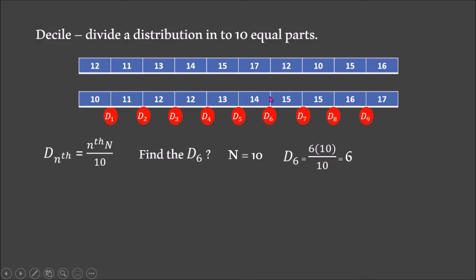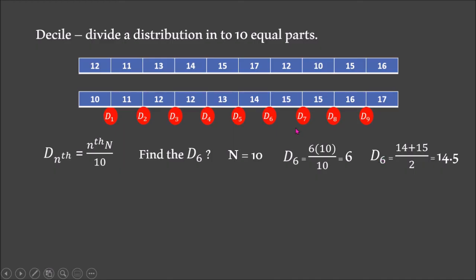So this is D6. Now the question here is not specific whether we're looking for the location or the value. But before you find the value, of course, you have to find the location first. How will you be able to find the value if you are not able to find the location? So the first thing you should do before identifying the value is find the location or position of the value.